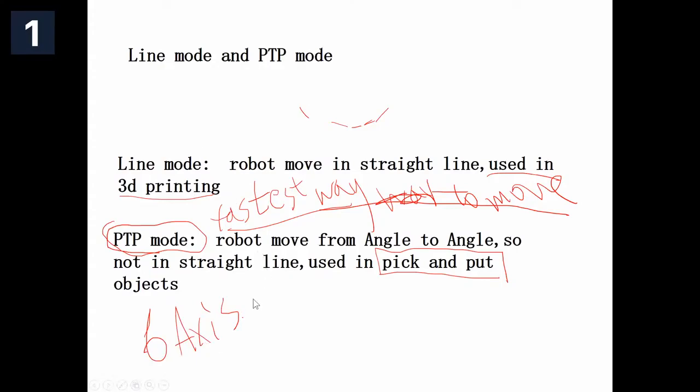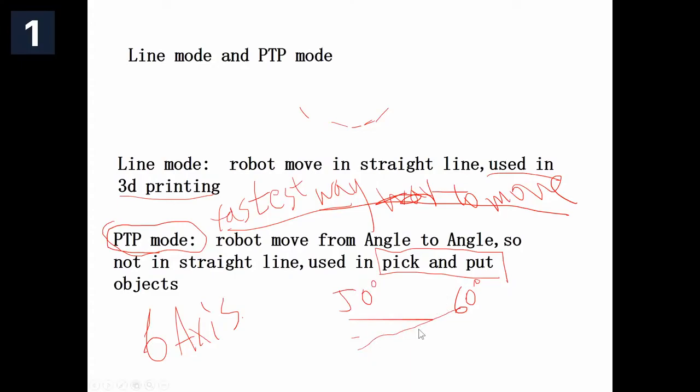If I use one axis, for example, the angle is 50 degrees and the target angle is 60 degrees, then from 50 to 60 it should be a straight line.